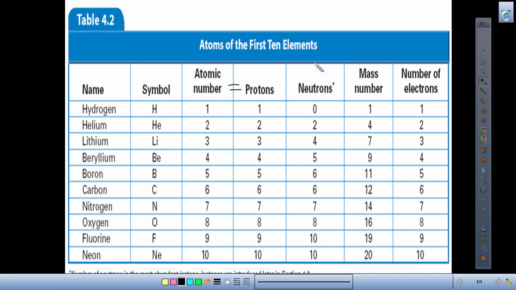So my number of electrons equals my number of protons. The electrons are negative, the protons are positive, and we've talked about that before. And for now, we're considering atoms are neutral. The pluses and the minuses equal each other. So this column equals this column.